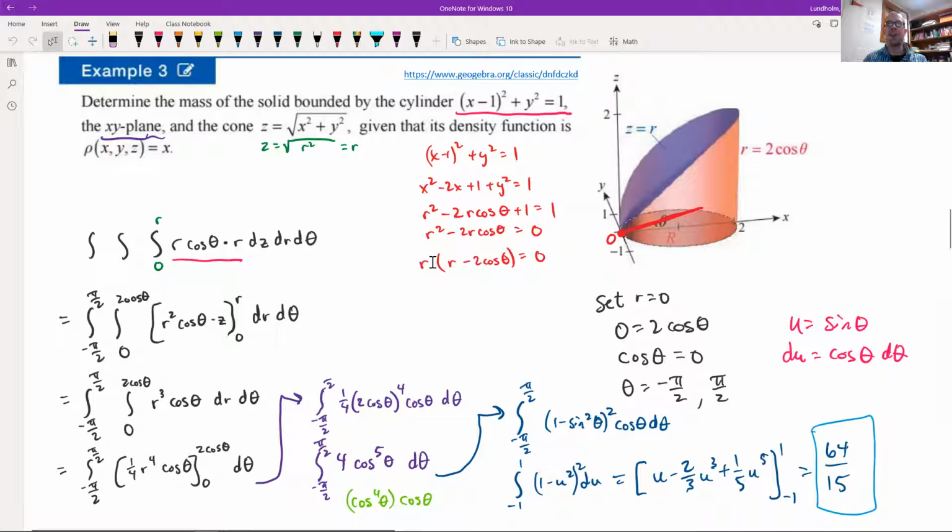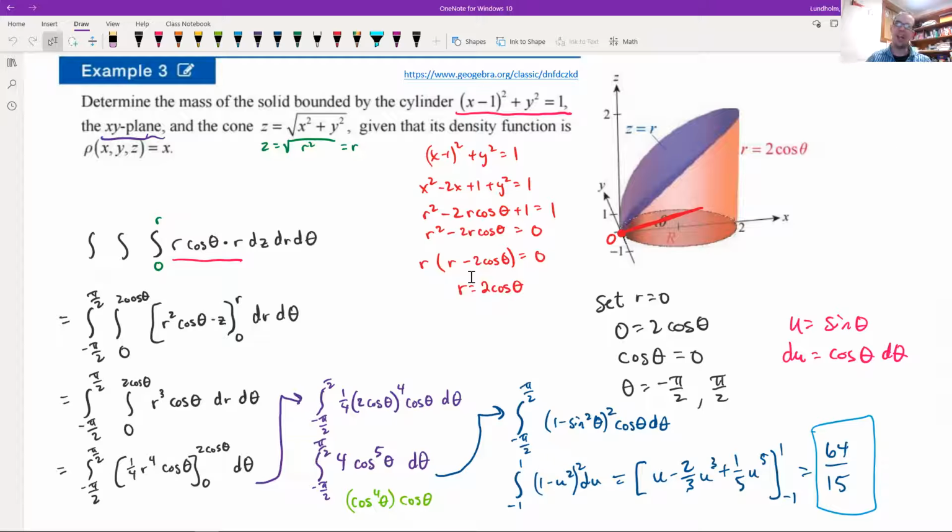And so this r on the outside gives us our starting point. When r is equal to 0, we're on the edge of this thing. But the other one that we need to solve for is where r minus 2 cosine theta could be equal to 0. And if that's the case, then r would be equal to 2 cosine theta.